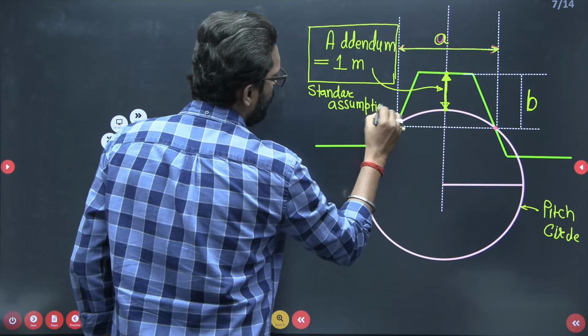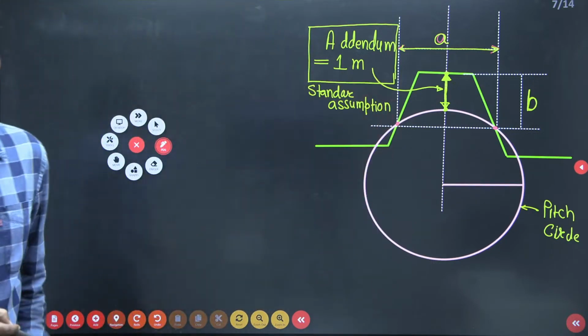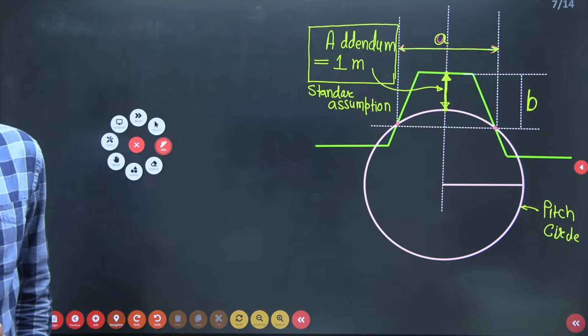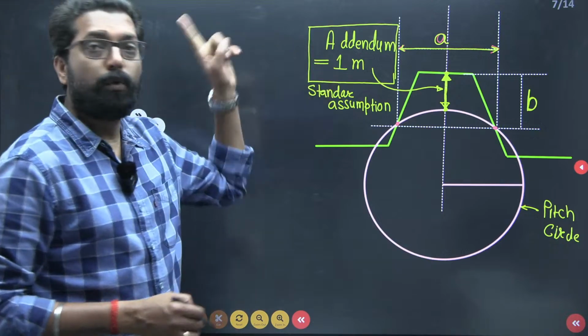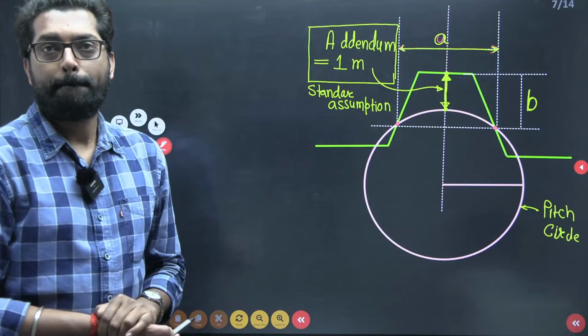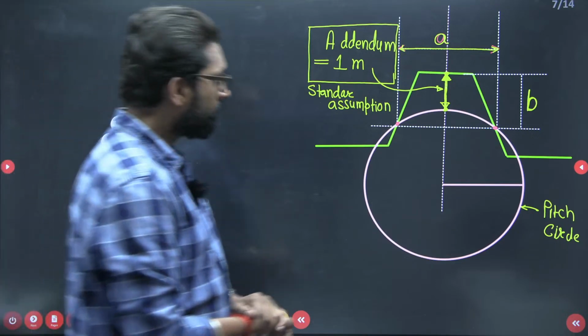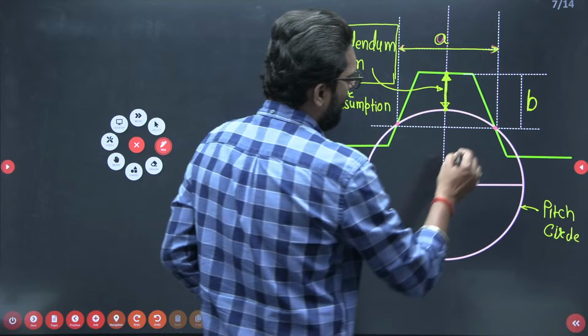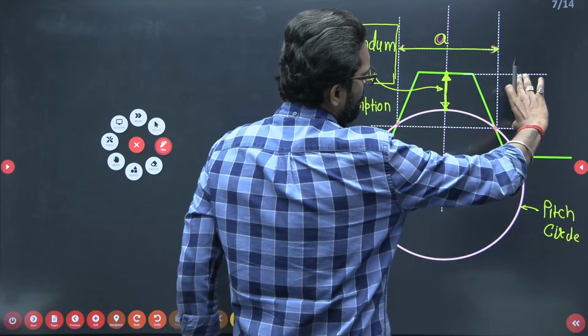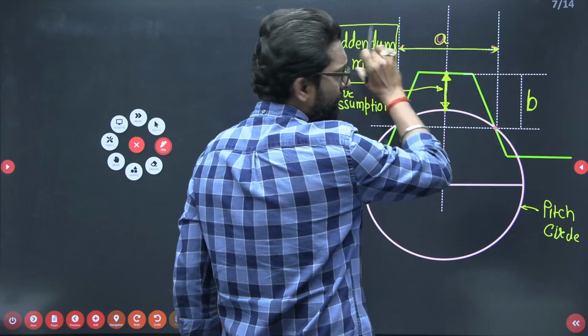If you don't know, you cannot solve this problem. Addendum is equal to one module. Now, my dear, if you find the B distance, module is given.